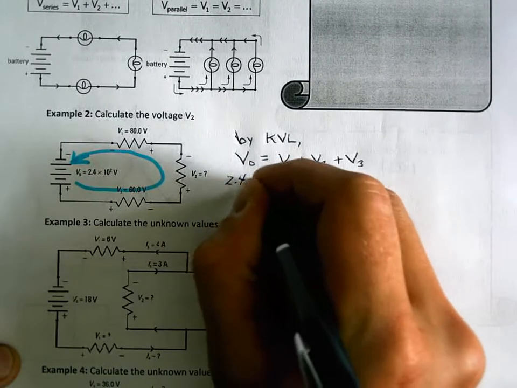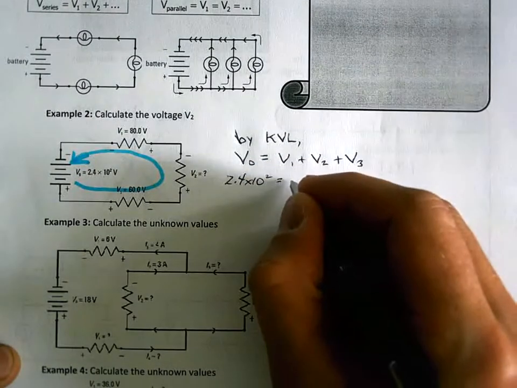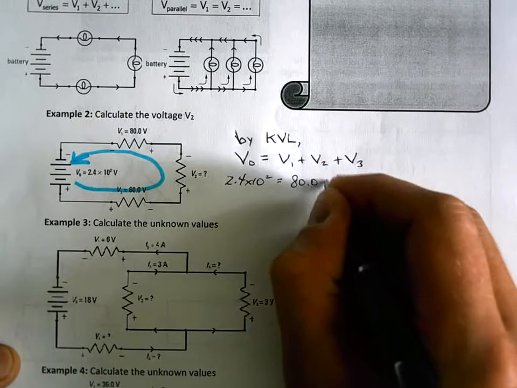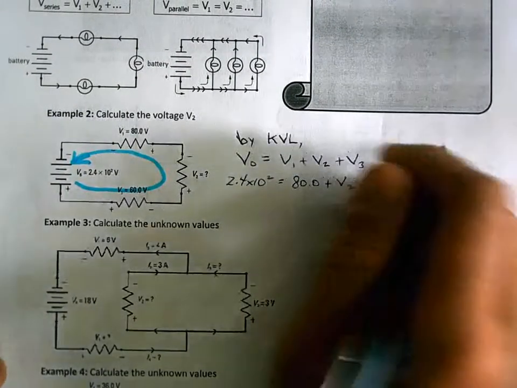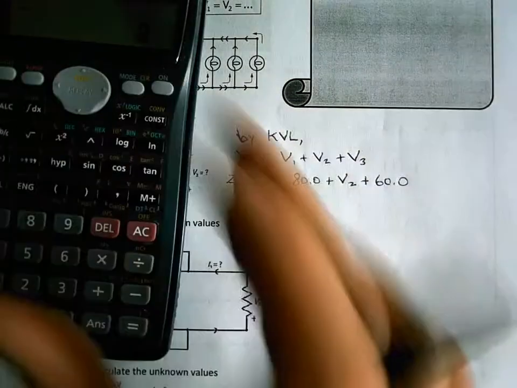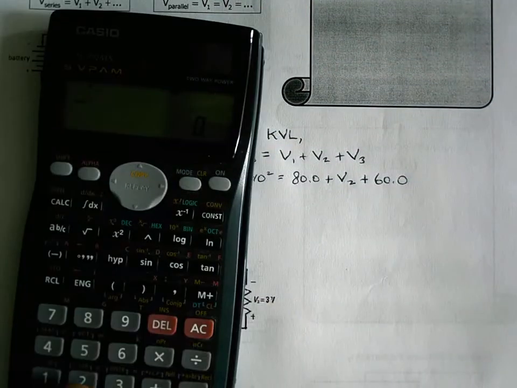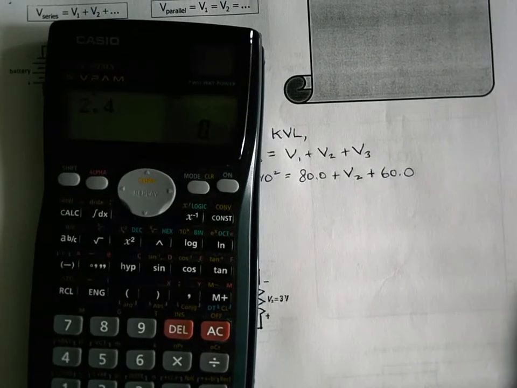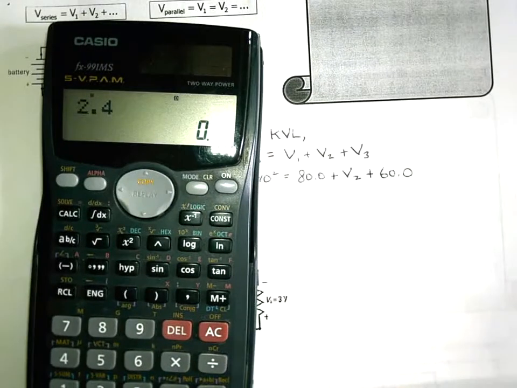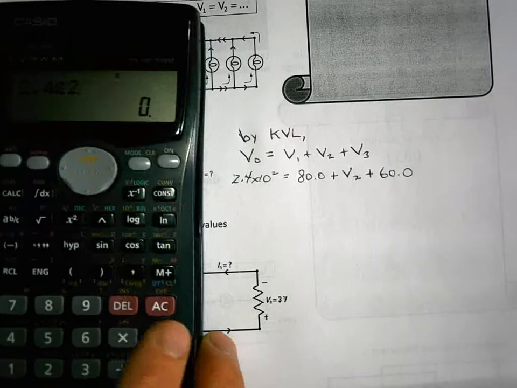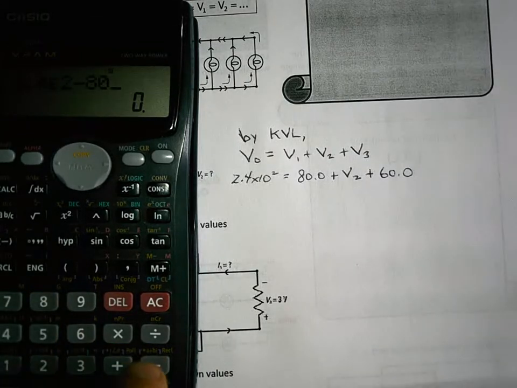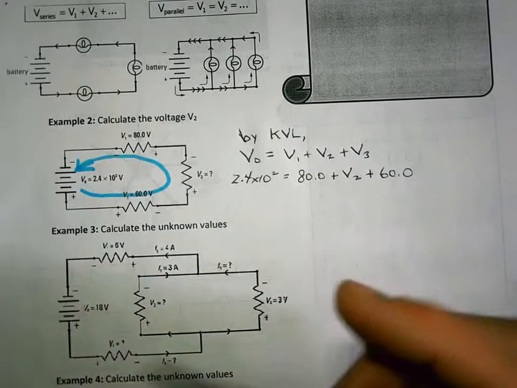Now I can sub those values in. 2.4 times 10 to the 2 is equal to 80 plus V2 plus 60. Again, we're going to be getting quicker at this as we go. So I have 2.4 times 10 to the 2 minus 80 minus 60, and I get 100.